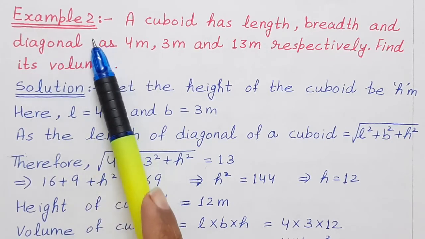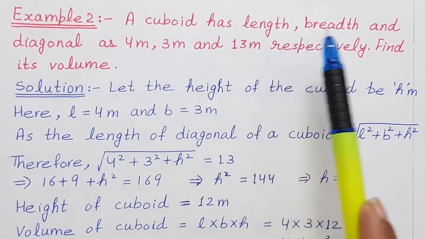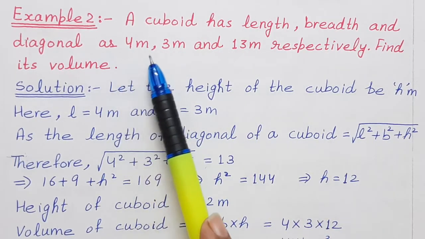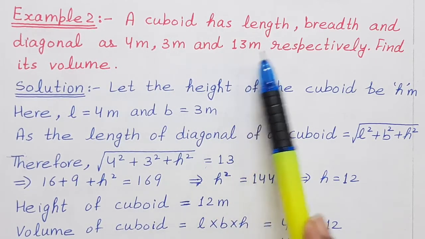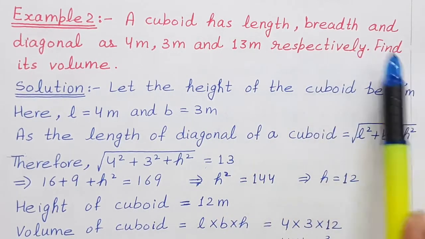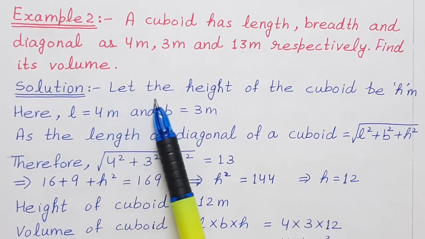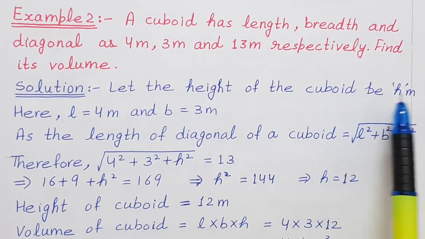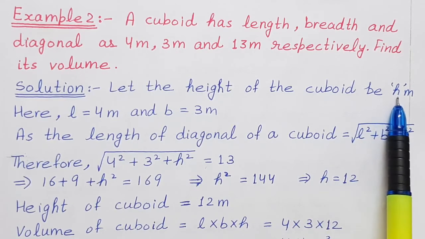Example 2: a cuboid has length, breadth and diagonal as 4 meter, 3 meter and 13 meter respectively. Find its volume. Let the height of the cuboid be h meter, that is small h. Clear?